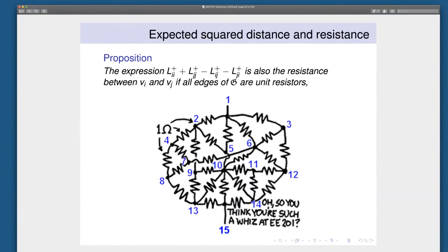According to the guy who writes XKCD, the resistance here is about 3/4. So that would say that the expected squared distance is dimension times 3/4.